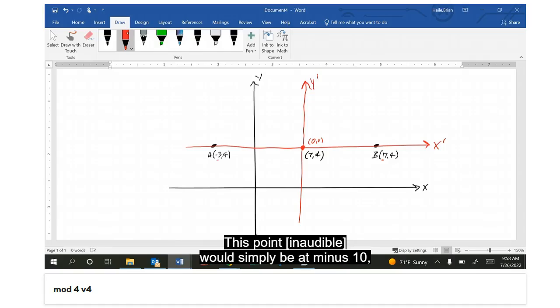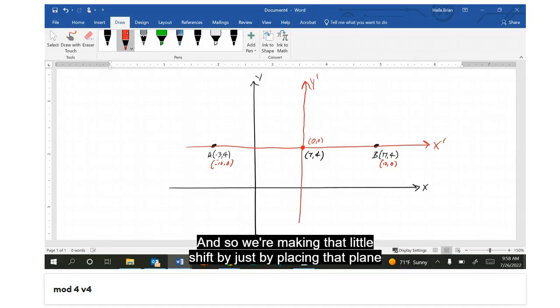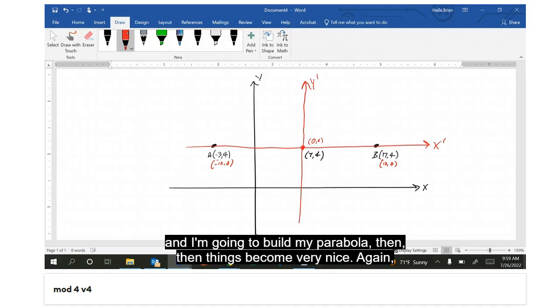This point, focus A, would simply be at minus 10, 0 on the X prime, Y prime plane, and this would be 10, 0. By making that little shift, by placing the plane I want when building my hyperbola, not the one I need to reference, things become very nice again.